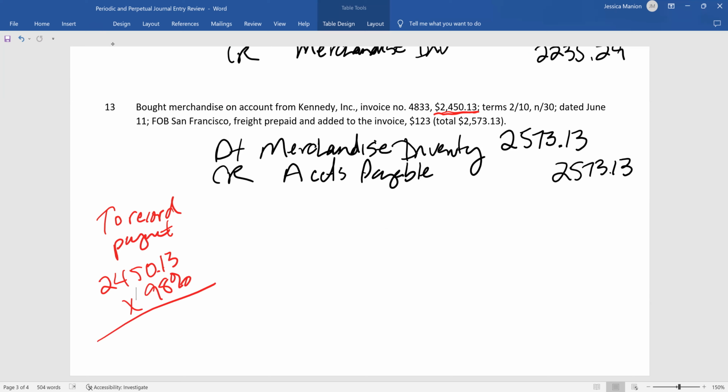So on my calculator, I'm going to take 2450.13 times 0.98. So we need to pay 2401.13 if we round up, plus the freight of 123.